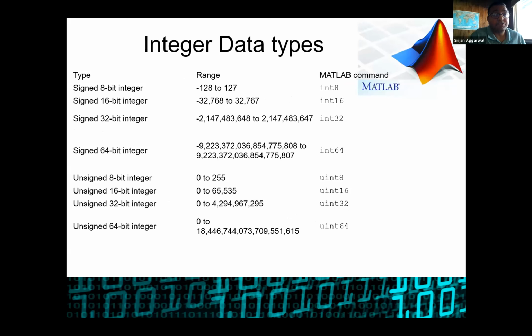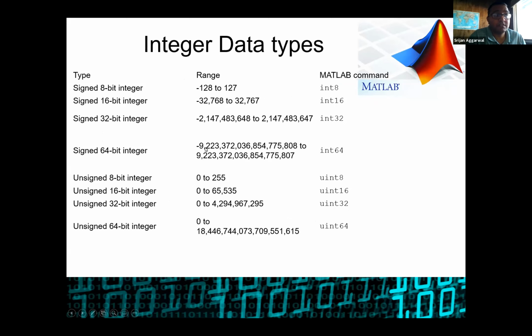So other integer data types. I said signed 8-bit integer would go from minus 128 to 127. Signed 16-bit would go from minus 32,768 to plus 32,767. Signed 32-bit would go to a larger number. And this is the Matlab command here, int8, int16, int32. Unsigned would go to even larger.